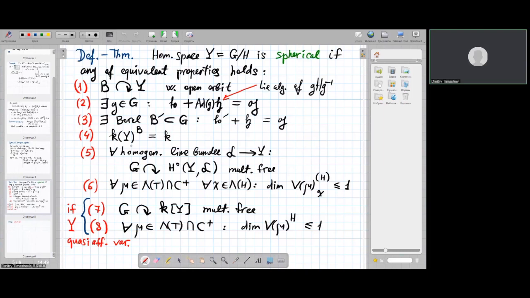And the second condition is that if we replace the stabilizer subgroup H by its conjugate and take a sum of the Lie algebras, the Lie algebra of Borel and the Lie algebra of this conjugate stabilizer, then we get the Lie algebra of the whole group. Why are these two conditions equivalent?